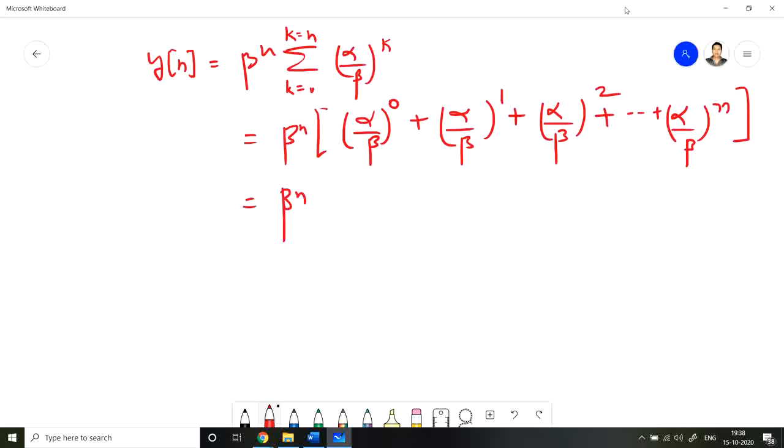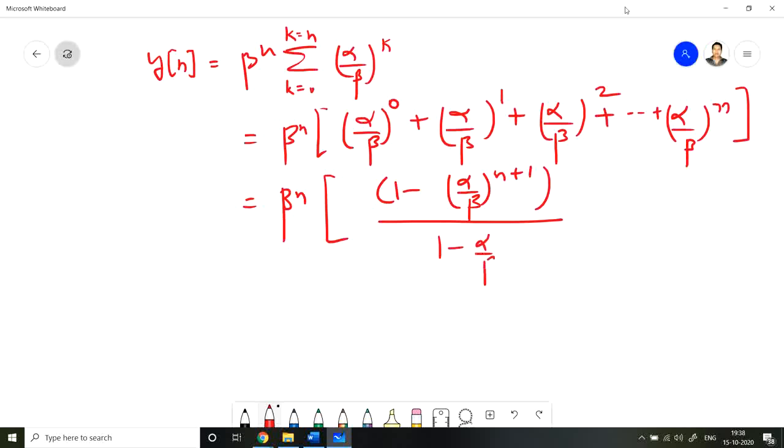So it is nothing but a GP. And what is the first term? The first term is 1. The common ratio is alpha divided by beta, and the number of terms is n plus 1, so the sum is 1 minus alpha divided by beta raised to the power n plus 1, over 1 minus alpha divided by beta. So this is our solution.